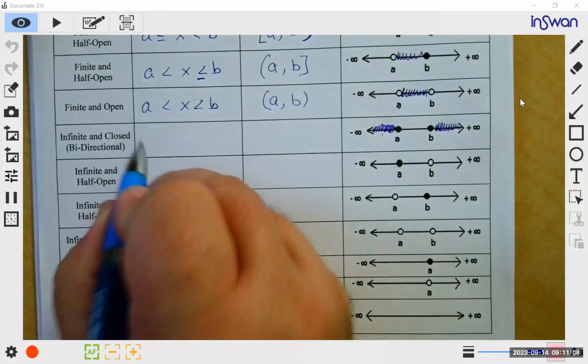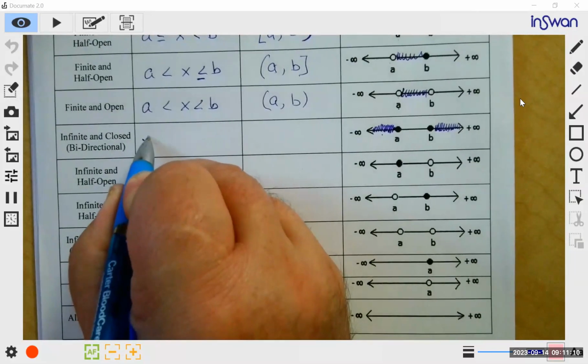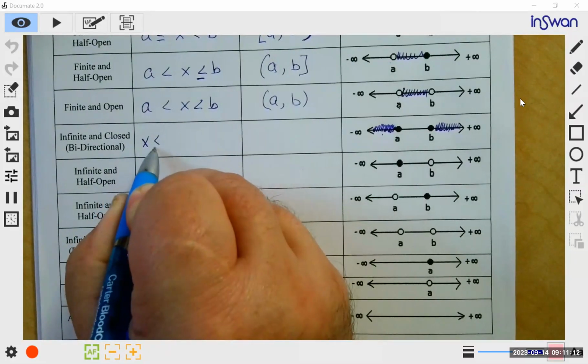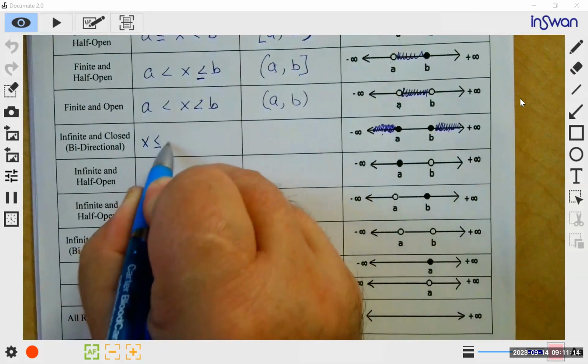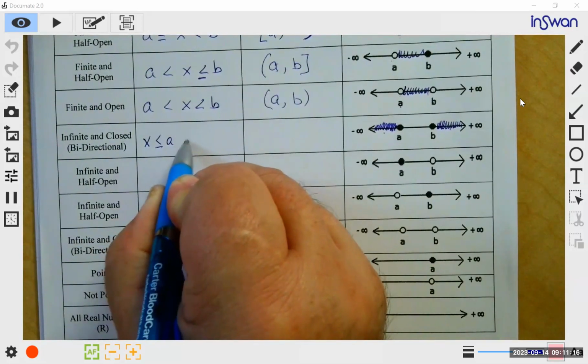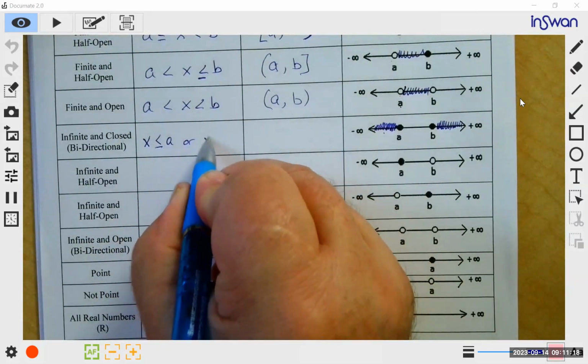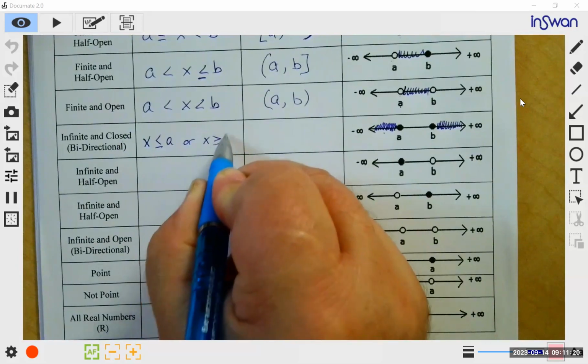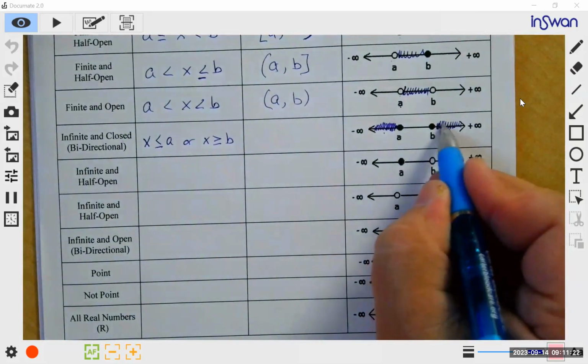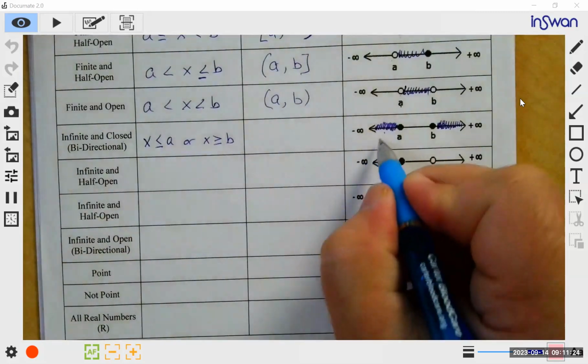In set notation, X can be less than or equal to A, or X can be greater than or equal to B. That's what that says. Remember, these are my X's.